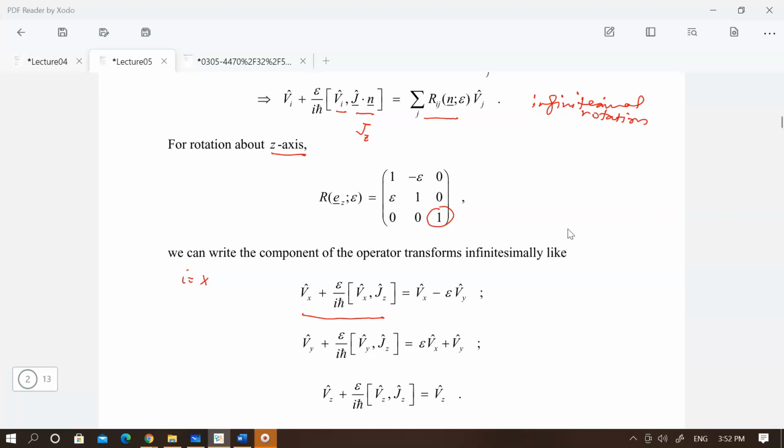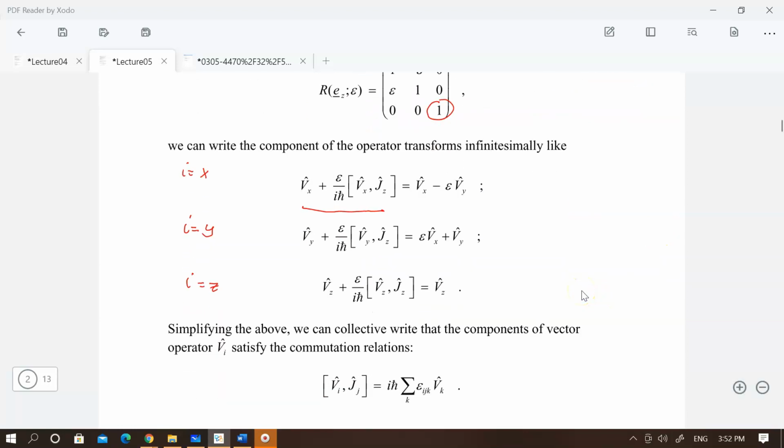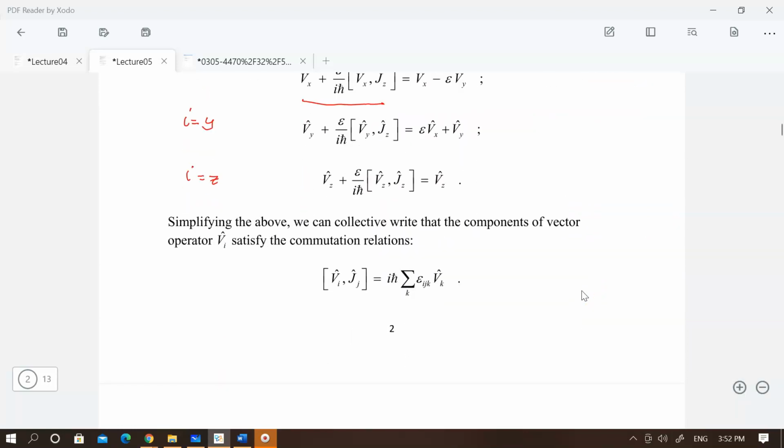I get V_x plus epsilon over i h bar of the commutator of V_x and J_z equals, and then you multiply the rotation matrix with V_j here, and then you get V_x minus epsilon V_y, and you can see that this will cancel off later on. And then the same thing happens for i equals y here, and then finally i equals z. And if you look at the final thing, you can actually rewrite the whole thing as follows, which is something that you have seen before.